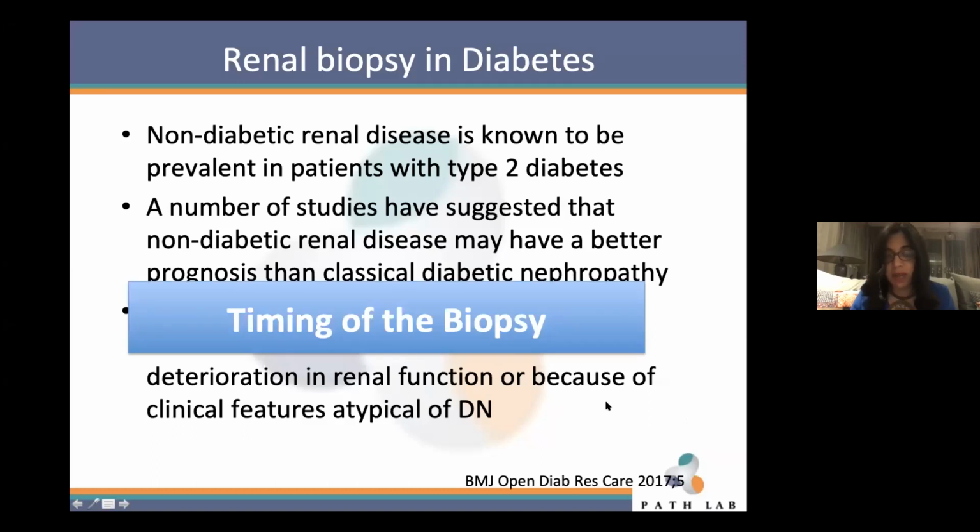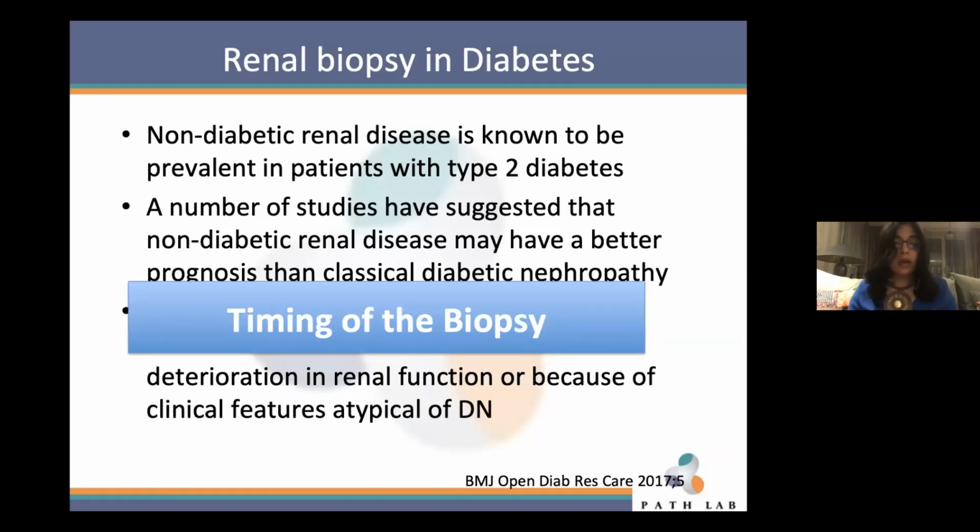So timing of the biopsy is extremely important. You keep waiting and waiting and waiting, and by the time, as I've shown you in our series, the patients with non-diabetic renal disease are already advanced, and I've shown you that up to 90% of our biopsies are because of acute kidney injury, which is probably caused by a non-diabetic renal disease, whether it's superimposed on diabetic renal disease or alone, or without diabetic kidney disease.